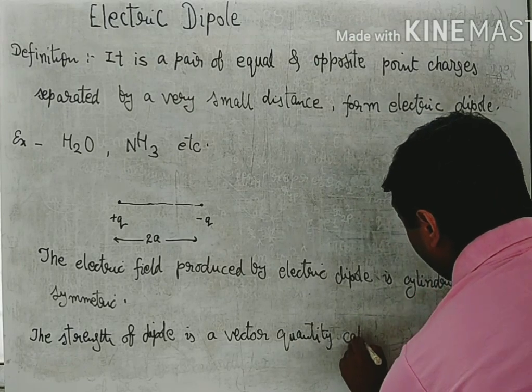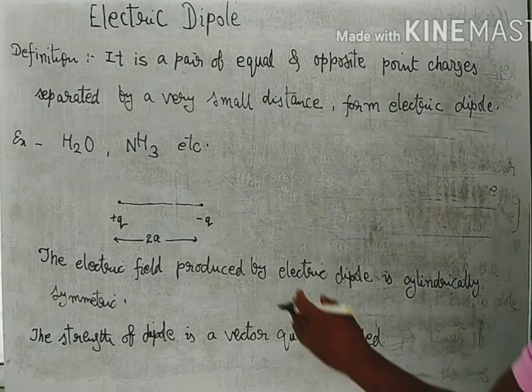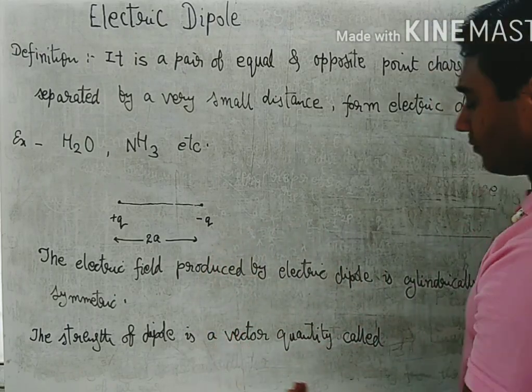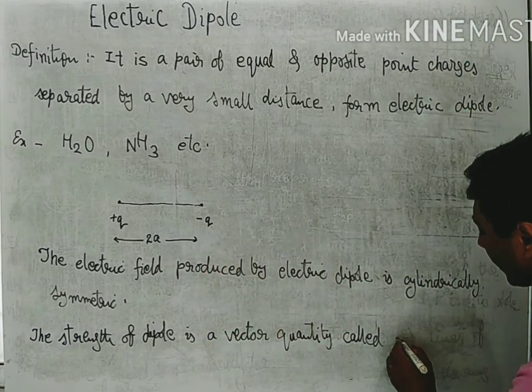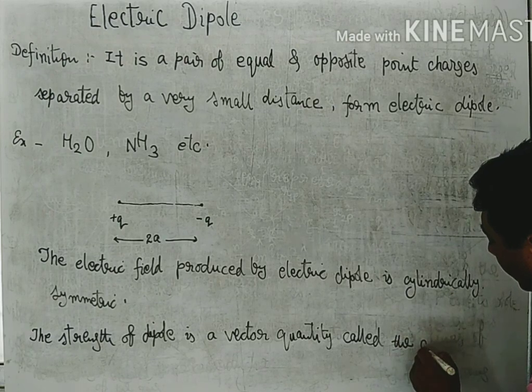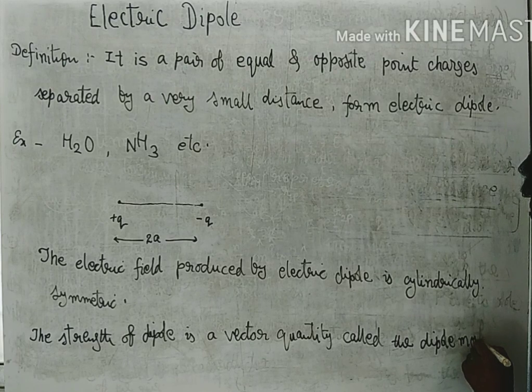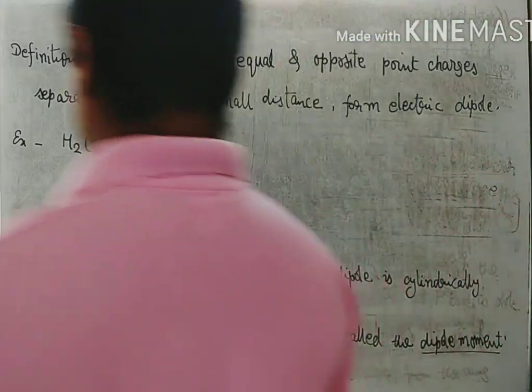What do we say, this vector quantity which represents the strength of dipole? It is called the dipole moment. So this is the vector quantity, dipole moment.